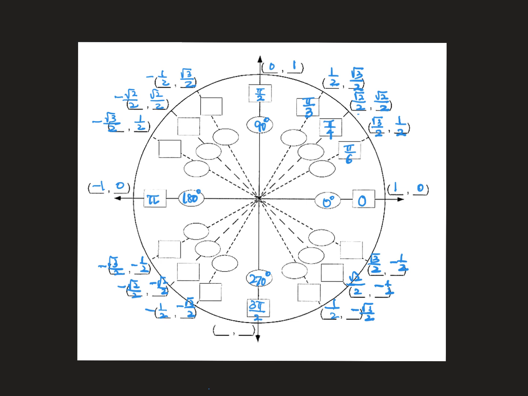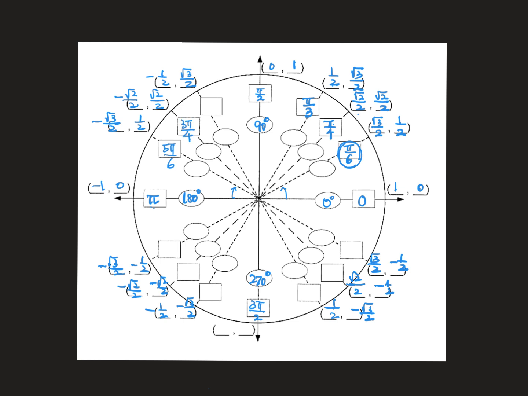I give one example here, pi over 6. Guys, another one should be 5 pi over 6. So here, this is pi over 6, this is pi over 6, you're going to do 5 minus pi over 6. Here is 5 pi over 6. Here is pi over 4, same token, here is 3 pi over 4.